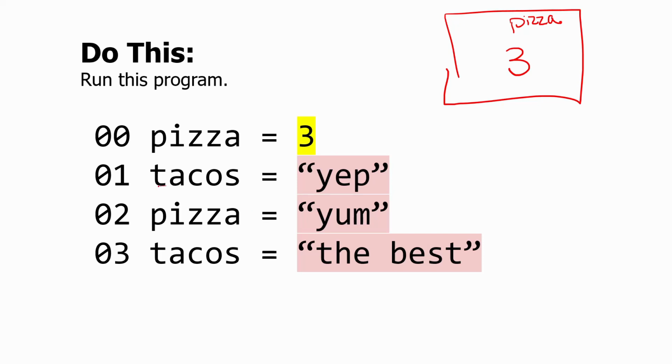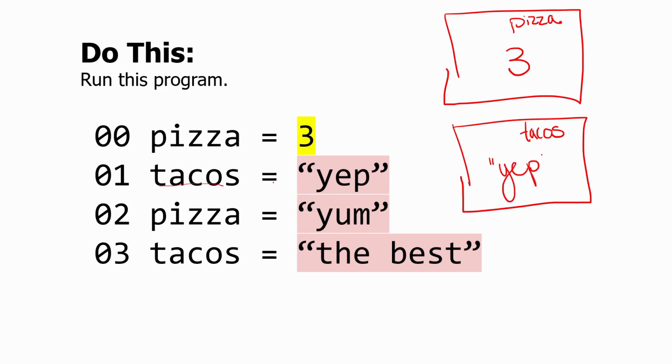Next line, I make a variable called tacos, and it is assigned the value of yep. So I'm going to make another bag here. I'm going to say tacos is his name, and it's assigned the value of yep. Now notice yep has quotation marks. That is because it's a string variable. And then they're saying, well, pizza, which I already have that variable, right? We've already made him. He's now assigned the value of yum.